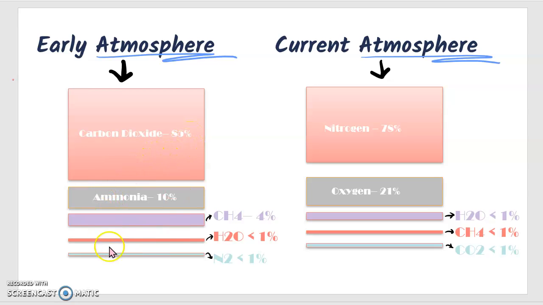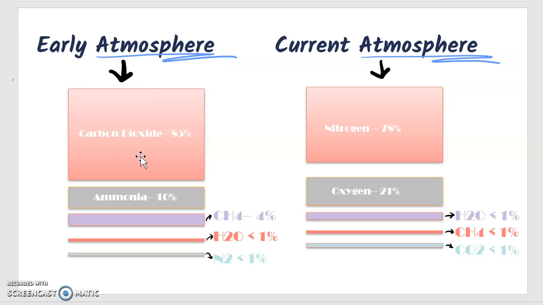And you notice that oxygen is not found during the early atmosphere, simply because there were still no photosynthetic organisms at this time. What are photosynthetic organisms? These are organisms that are capable of performing photosynthesis. And what is photosynthesis? That is the process wherein plants make their own food.